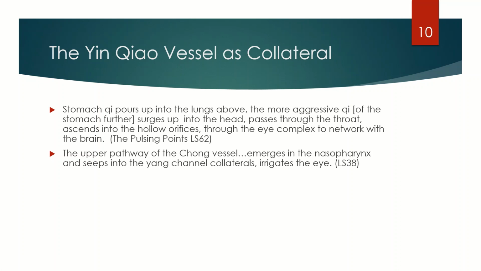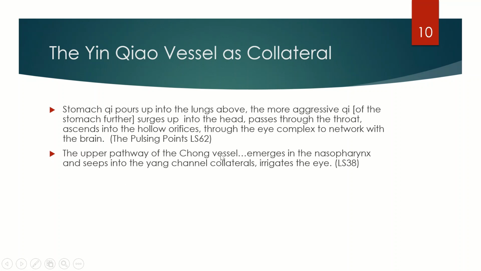Now, this has been basically interpreted as talking about wei qi from the stomach, because it's talking about this aggressive qi that surges up. Now notice that this pathway is essentially exactly the same as the pathway of the Chong Vessel, which emerges in the nasopharynx, just as the stomach qi surges into the head through the throat, again the nasopharynx, and into the hollow orifices.